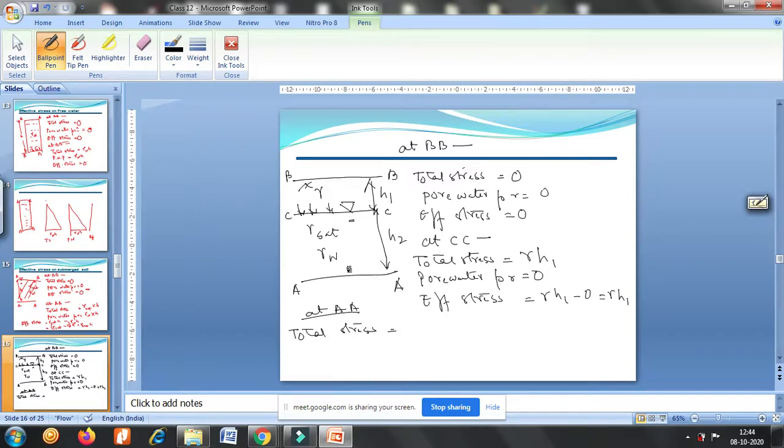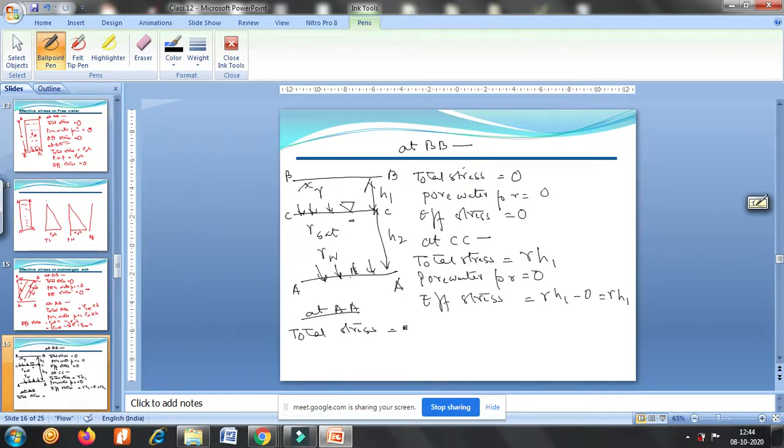There is the weight of the soil within this portion that will also give some pressure. Whatever the weight of the total soil placed above that point is the total stress acting over the point AA. That is nothing but the weight of the soil above the line AA. So it is the weight of the soil in this portion as well as the weight of the soil of this portion.